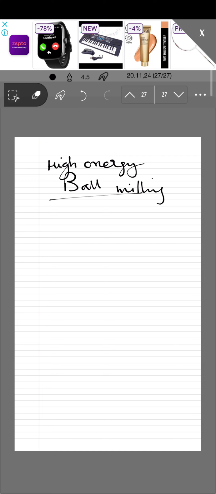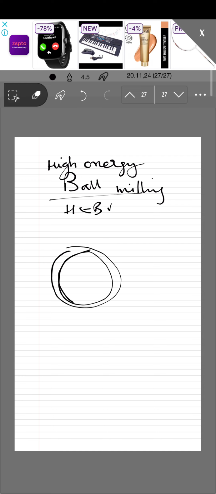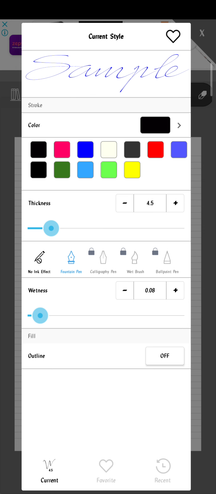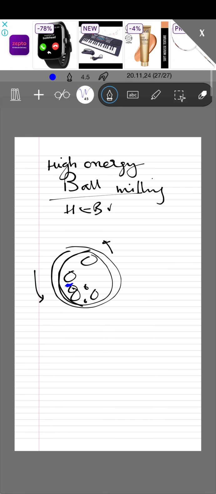High energy ball mill, or HEBM, is a process. The principle of this process is there are two rotating discs, which are rotating in the opposite direction, and also there are very hard, small hard spheres, and the powder which needs to be processed, which needs to be made nano, is kept inside as the source material.